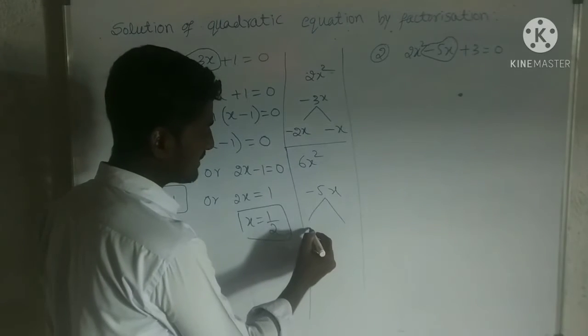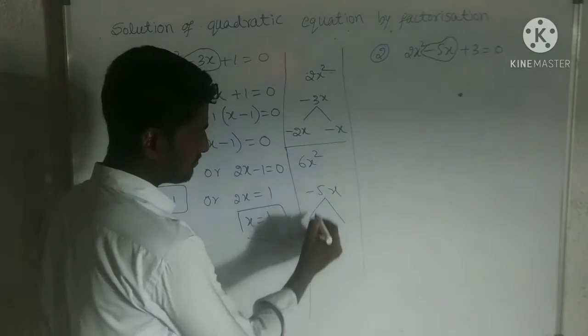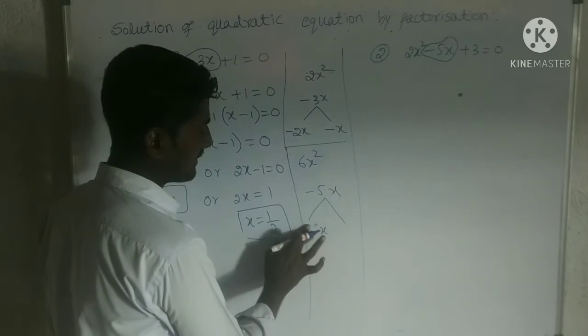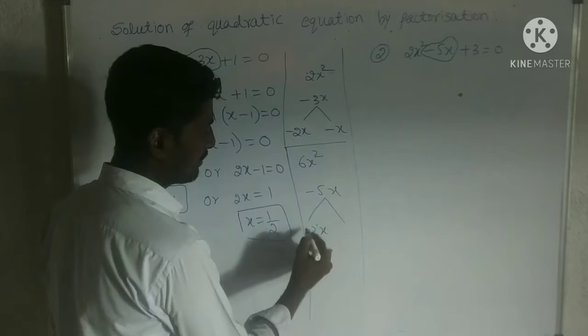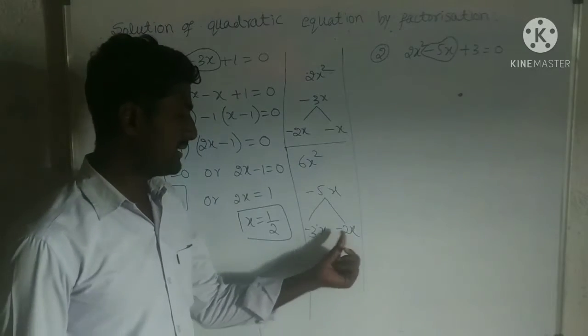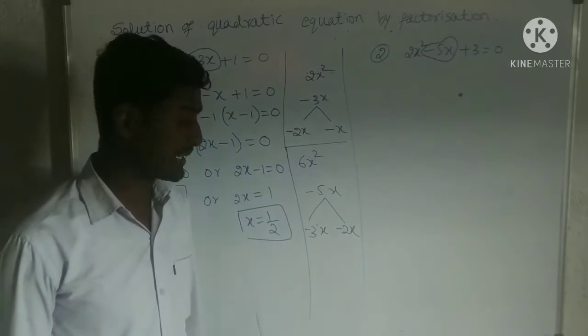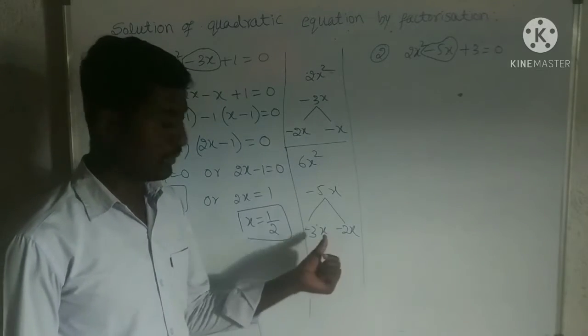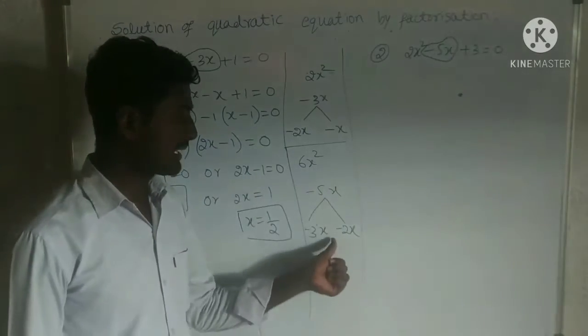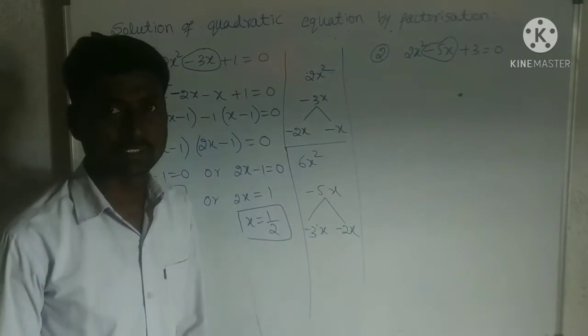Sorry, it is minus 3x minus 2x, alright. Minus 3x and minus 2x. Minus 3x minus 2x, that is minus 5x. Multiply these two: minus into minus is plus, 3 twos are 6, x into x is x square, it is 6x square.